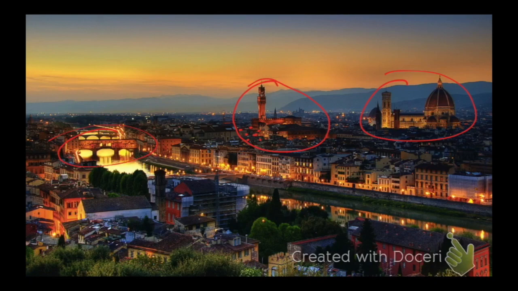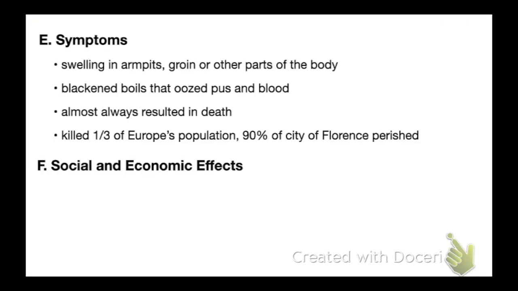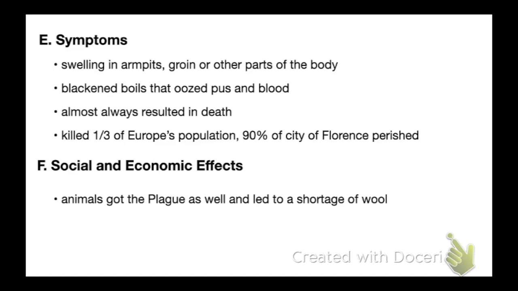Anyway, moving on. Now here's the whole point of this lesson. Back on the objectives, it said list the social and economic effects of a pandemic disease. I'm just going to mention this one little thing, and then you'll have an assignment. Here is one economic effect of the plague.